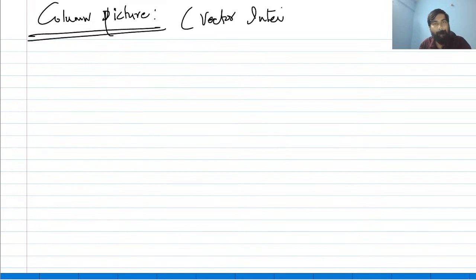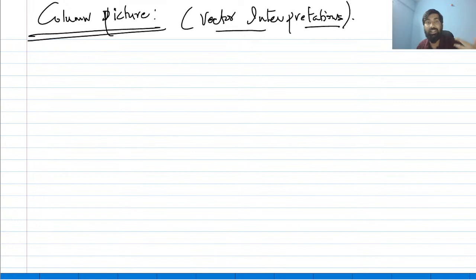Everybody knows that a vector has magnitude as well as direction. Here, in case of matrices, whatever column vector we are considering, now keep in mind, row means row vector, column means column vector.